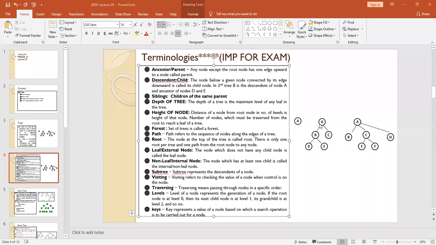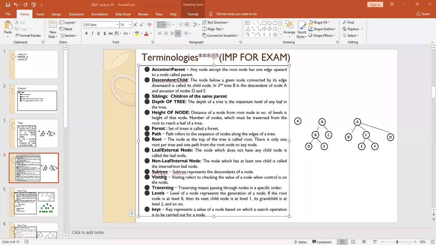We can't consider it as an internal node. A node which has at least one child. So that is, we consider B. So come for the third diagram. Which is the internal node? Internal node is C.